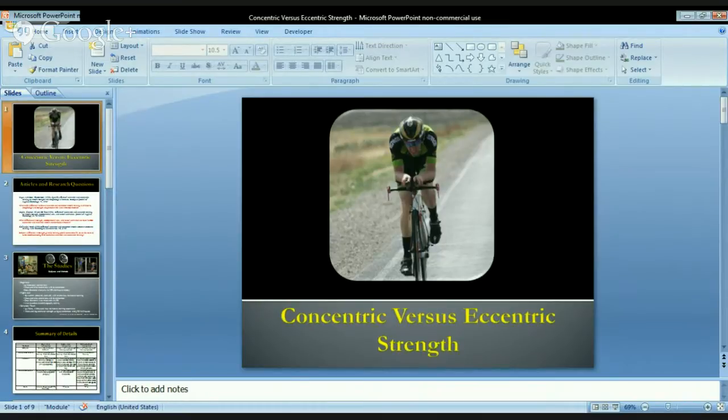So our last question here with Colliander and Tesch. Is there a difference in strength gains by training purely concentrically, or are there the same or better results occurring with combined eccentric and concentric training?